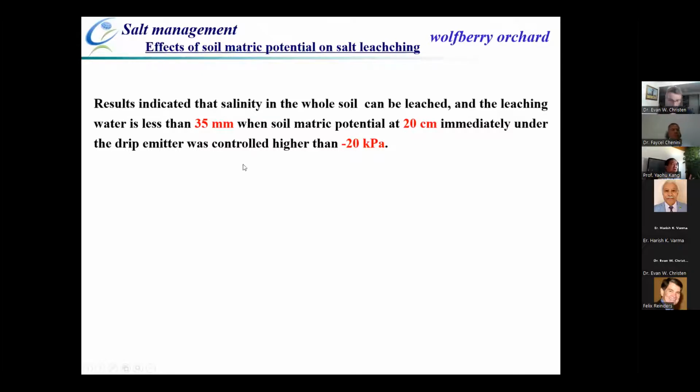For the Wolfberry, it's less than 35 millimeter. That means when the soil matric potential at this point is minus 20 kilopascal, we use a very small amount of water, and we can leach the salt.